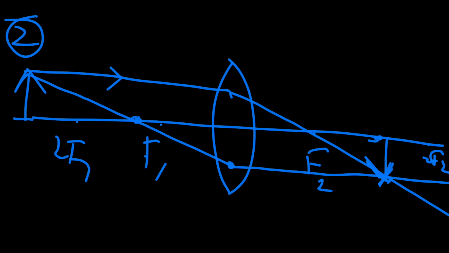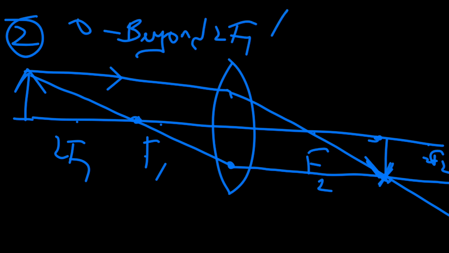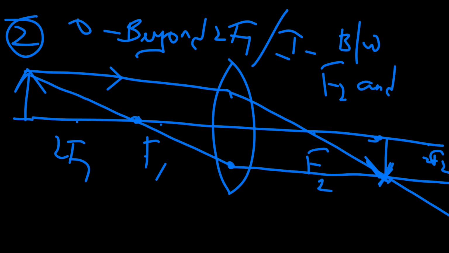So the object is beyond 2F1, and the image is formed between F2 and 2F2.